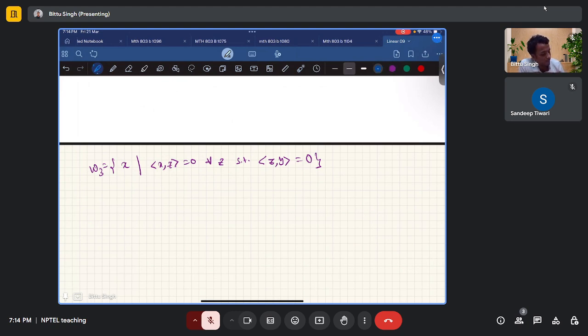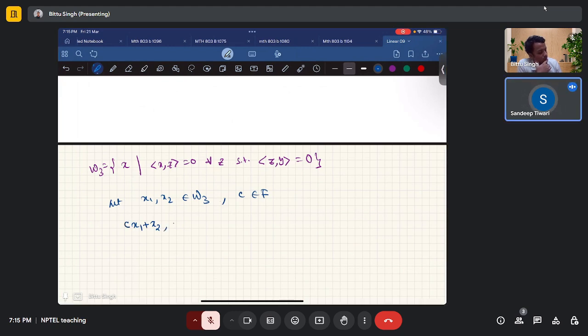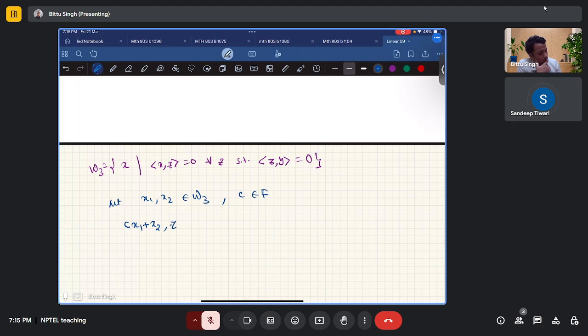So let us try to prove whether it is an inner product or not and see where the problem is. Similar to the previous one, x1 and x2 belong to W3, and c belongs to F. I think it is true, so let us see.